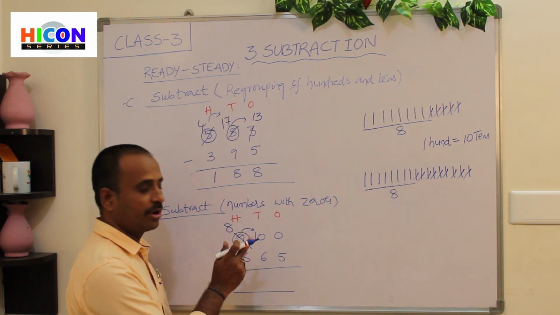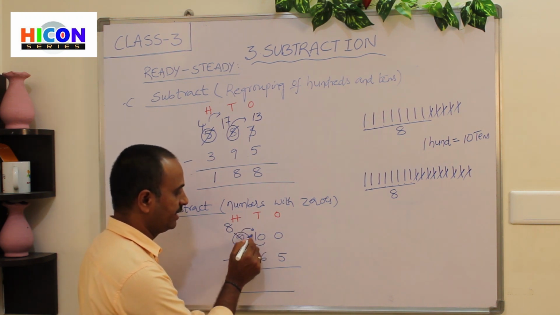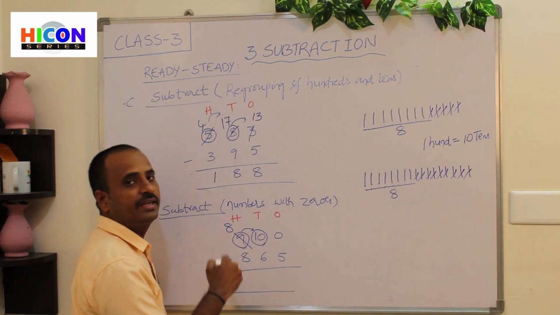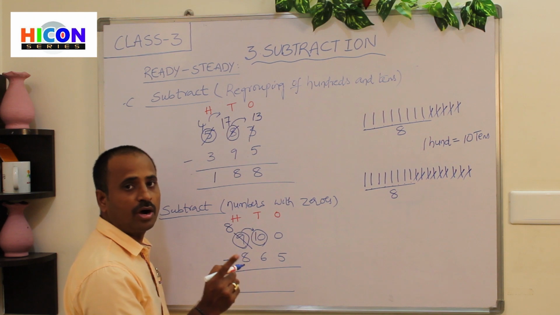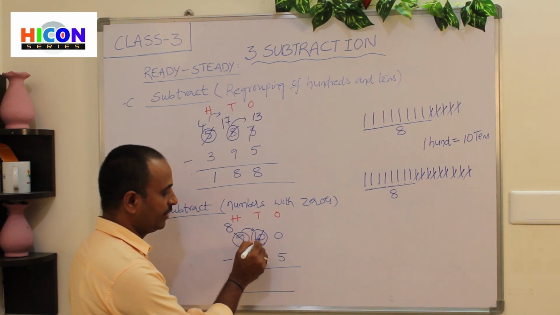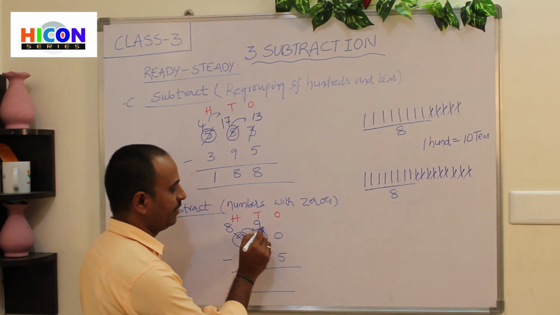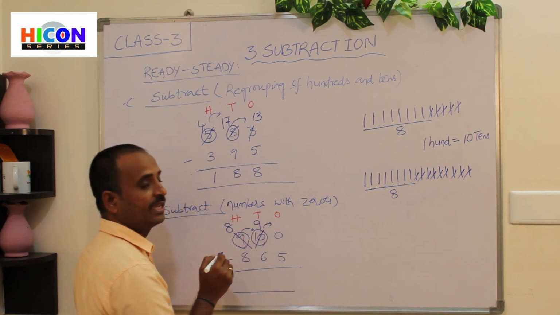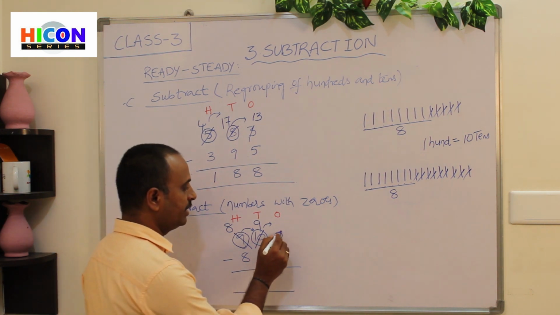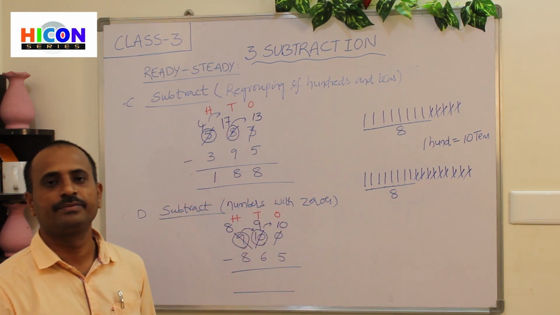So now borrow from the tens place. There are 10 tens. Now borrow 1 ten from the tens place. If we borrow 1 ten from the tens place, there will be 9 tens. So if we carry 1 ten to the ones place, it will become 10 ones. So there will be 10 ones. So write 10 under ones place.